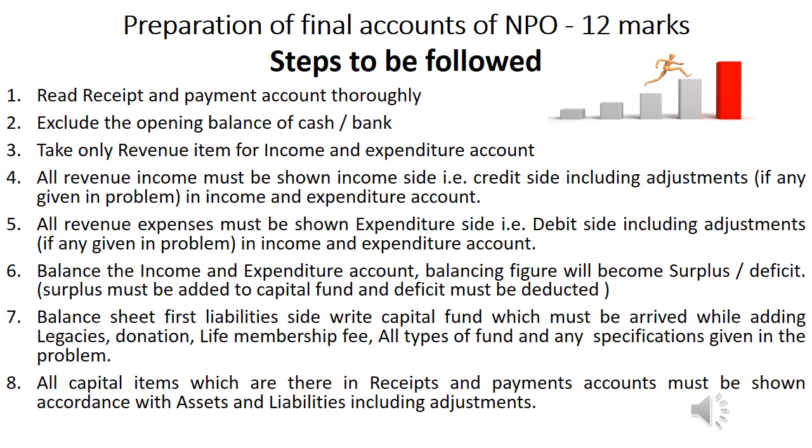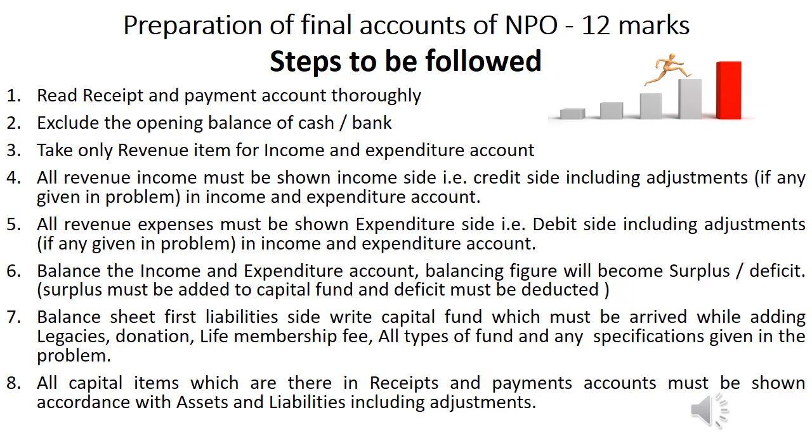Then the steps to be followed. Coming to the steps, the income and expenditure account is nothing but a profit and loss account. We know that the profit and loss account is a nominal account, meaning debit all expenses and losses, credit all income and gains. The same rule will be followed here also.